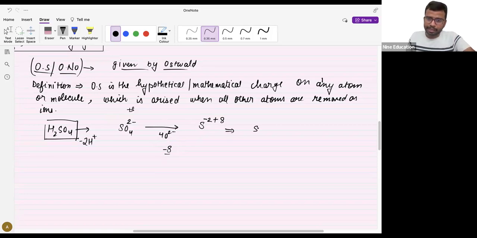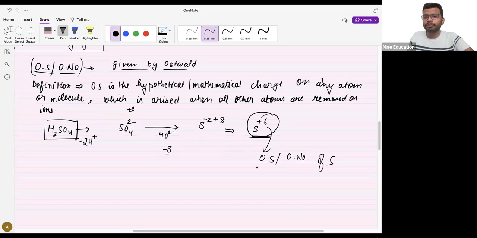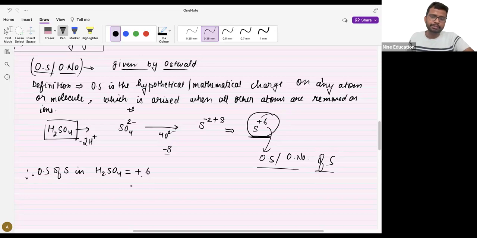So lastly sulfur will have how much charge? +6. This is known as the oxidation state or oxidation number of sulfur. Therefore, the oxidation state of sulfur in H2SO4 is +6.